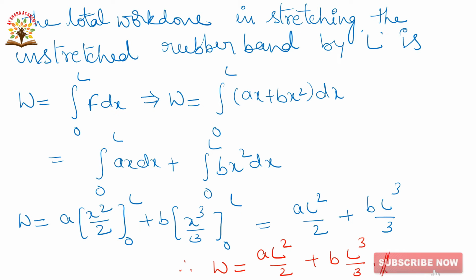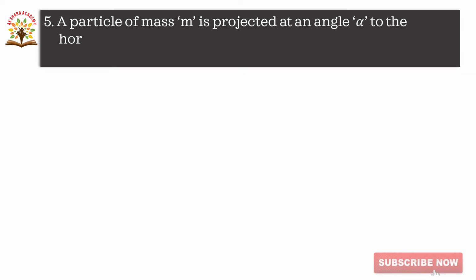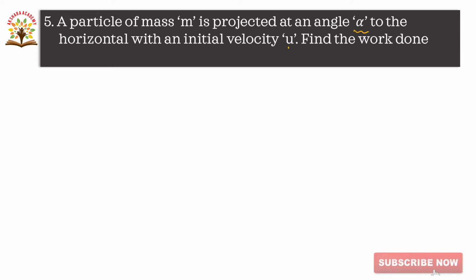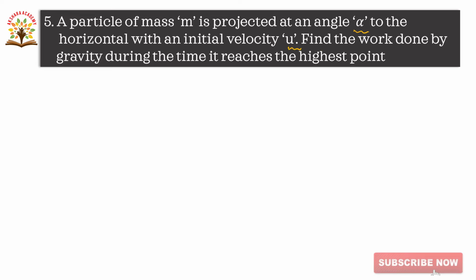Okay. Next we will go to the next question. In this question, a particle of mass m is projected at an angle alpha to the horizontal with an initial velocity u. Find the work done by gravity during the time it reaches the highest point. Now, let us see this diagram. Suppose this is the x axis and this is the y axis.